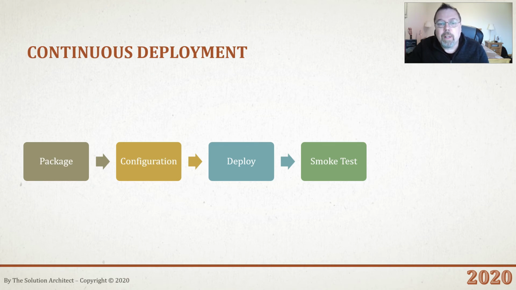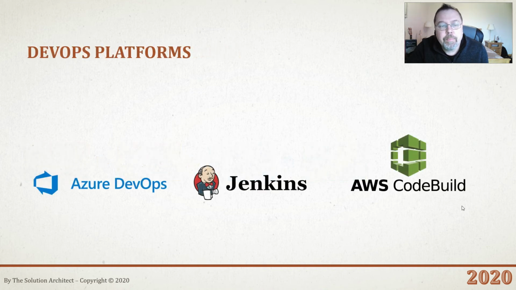You want to make sure that your deployment was successful. For example, if you deploy a web application, you run maybe a Selenium testing job that will bring up your user interface and make sure that it is deployed as expected. The same with services. If you deploy a microservice, you can run some tests to make sure your microservice is operating and in a running status. So smoke testing is very important when it comes to continuous deployment.